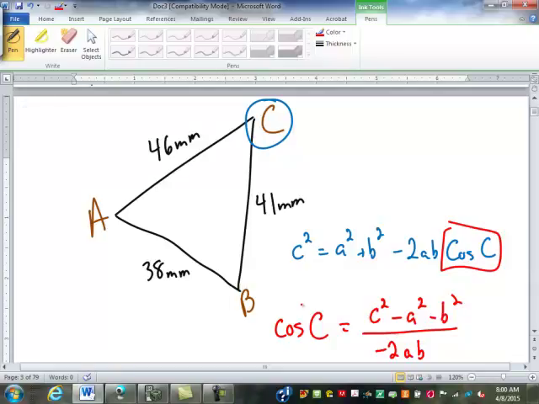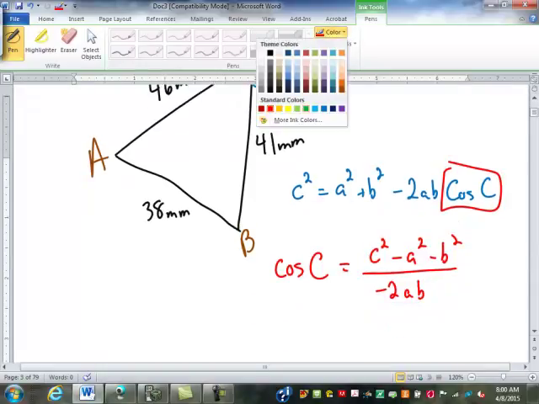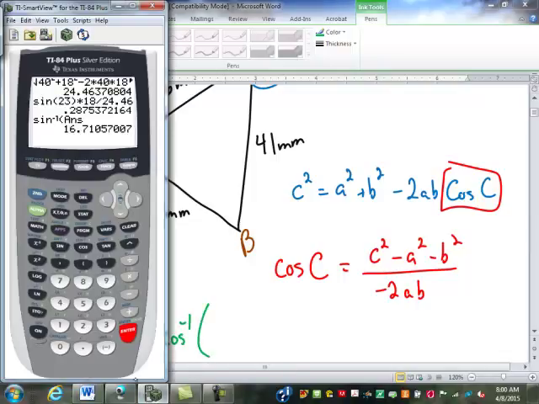We can enter this all at once, but it is kind of tough to do. How do you suggest writing it in that calculator? To put it in your calculator, here's how I would do it. C is equal to, now what's on the other side of the equal sign is what you're going to put in your calculator. You're going to do the second cosine, which gives you that cosine negative 1. And that should automatically bring up a parenthesis.